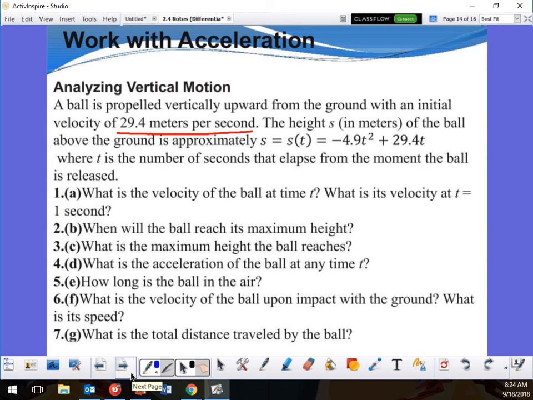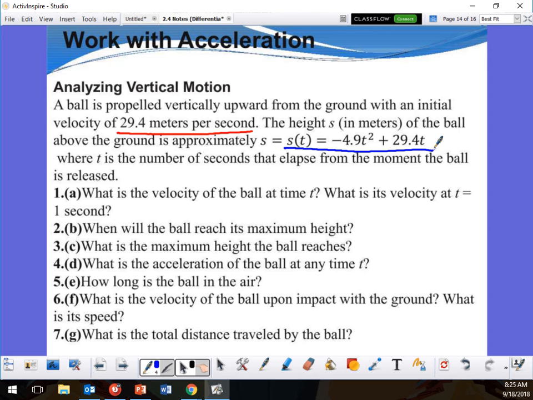Anyway, the height of the ball, s in meters, above the ground is approximately this. S of t, what did I say s of t represents? Position, right? That's how high it is, where t is the number of seconds elapsed from the moment the ball was released.